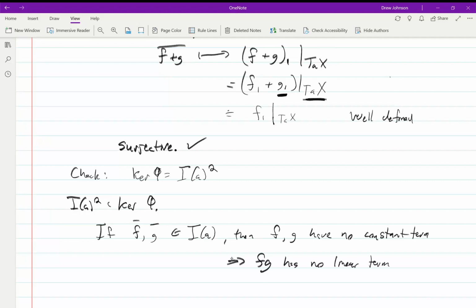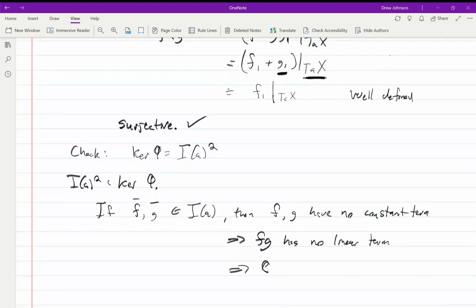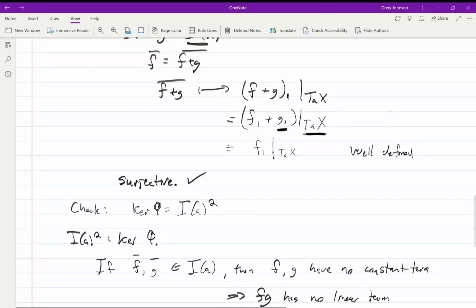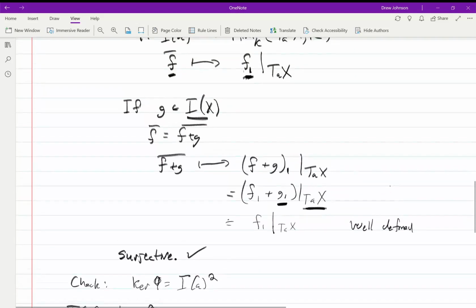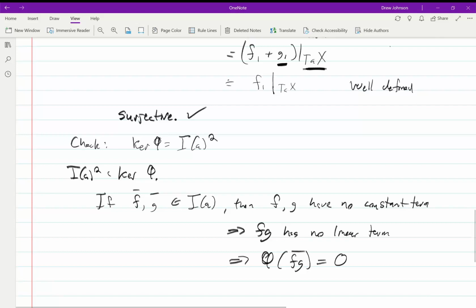The smallest degree term of f times g will be the smallest degree of f times the smallest degree of g, but there's no constant term, so there has to be at least 2. But that's going to tell you that phi of fg bar will be 0, because there's no linear term when you take the 1 here. All right, so that shows you that the ideal of A squared is contained in the kernel.